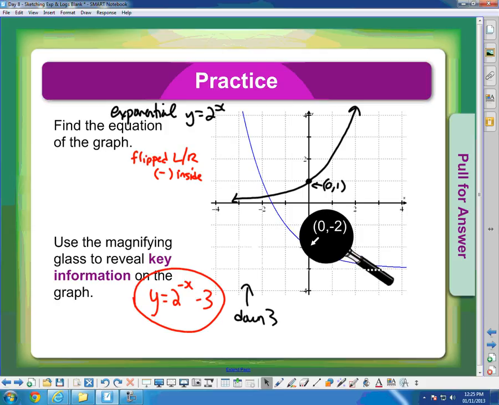Down 3 would end up at 0, -2. This then tells me I only moved it down 3. If I had moved it left or right, this point would have moved over here or over here. But it didn't, so this means that it's only down 3. There's no left or right, and therefore I know that this is my answer.